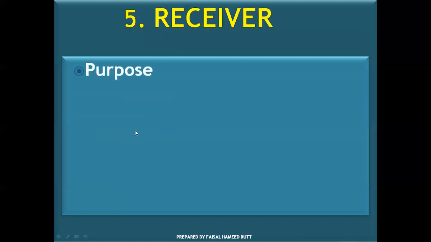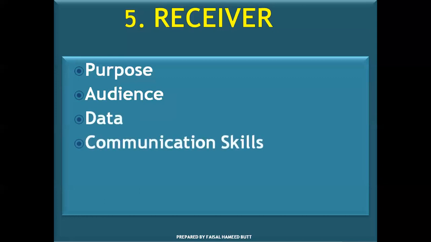So after channel, we have another, fifth component that is called receiver. And the receiver is going to do all the same parts. He will consider purpose. He is the audience, so he will respond to you. He will consider data. His communication skills also matter. Then attitude and credibility. See, purpose. If the purpose of you both people, sender and receiver, doesn't match, you will not have successful communication.